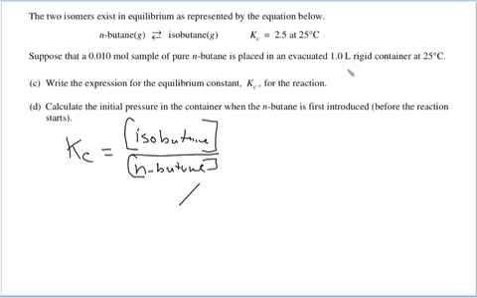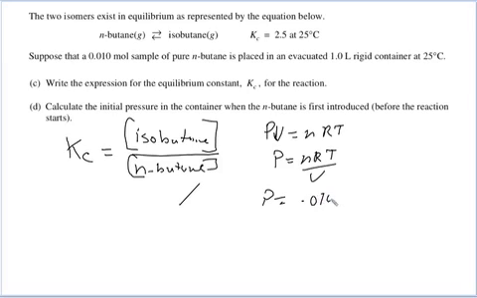They give us some gas law data, so you can use P equals nRT over V. Plug in 0.010 moles times R, 0.0821 atmospheres times liters divided by moles Kelvin, times our temperature, which has to be in Kelvin, so 25 plus 273 is 298 kelvins, divided by the volume of 1.0 liters.